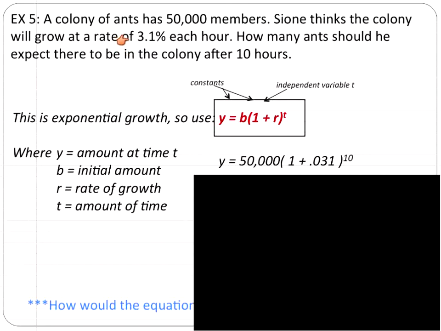So I had to go 1, 2. So 0.031. Just make a note of that, because if you were to type in 3.1% into your calculator, your calculator can't do that. They don't understand. I know, bizarre, right? And then my time was hours. So my time is 10 hours. This is just a calculator question.